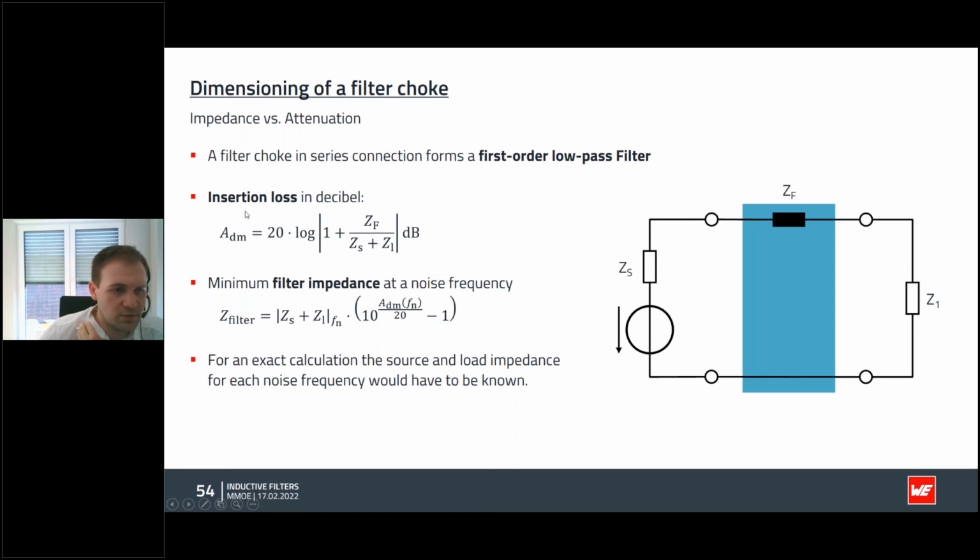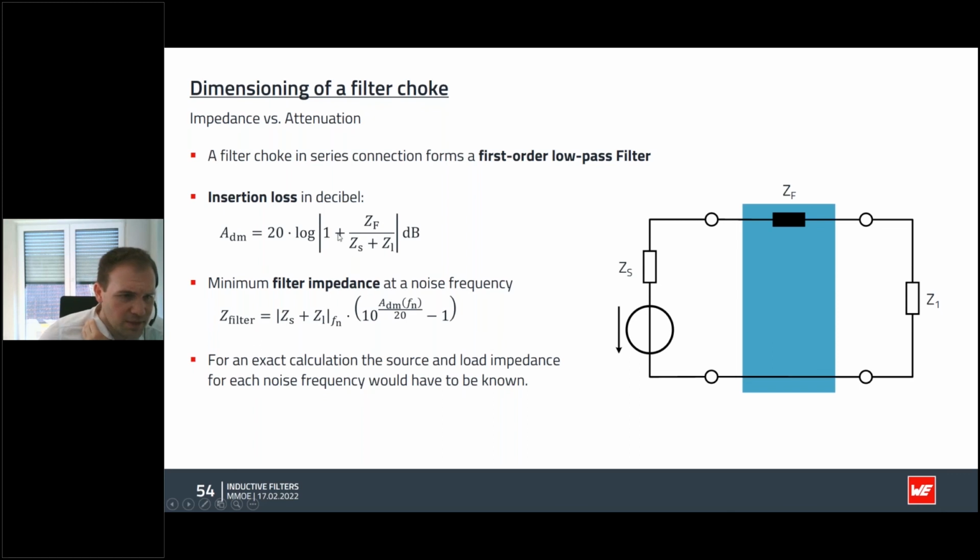Because the insertion loss or the attenuation is pretty much dependent on this ratio, as you can see here from the formula. You can calculate the minimum filter impedance using this formula or using the nomogram as we have in the catalog, or you can use REDEXPERT to calculate the actual minimum filter impedance.